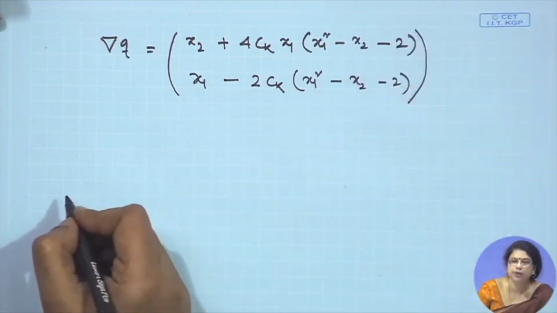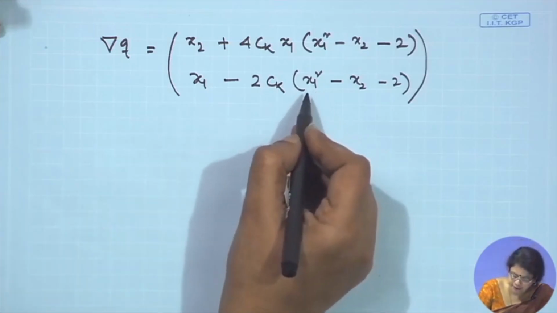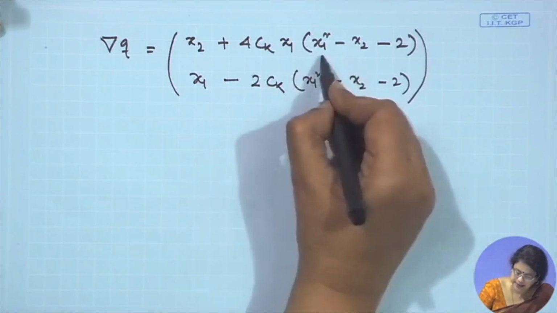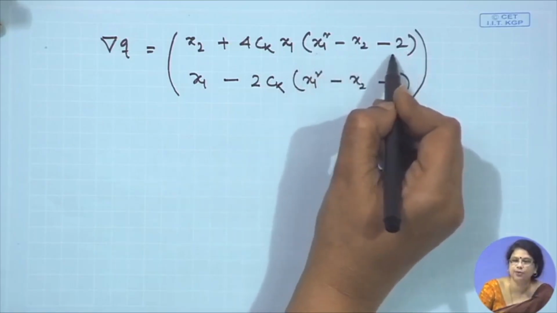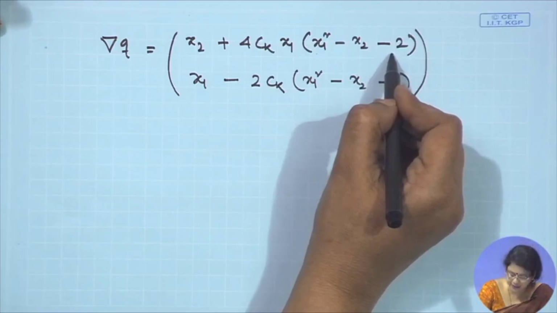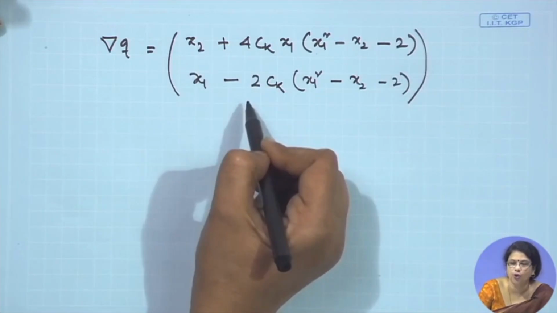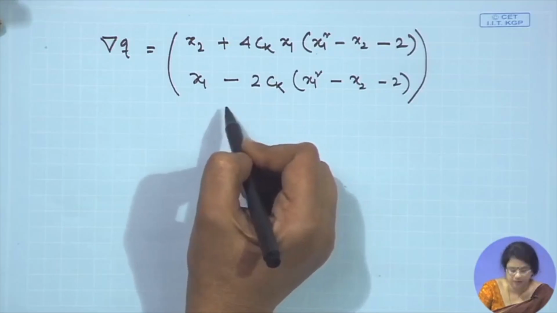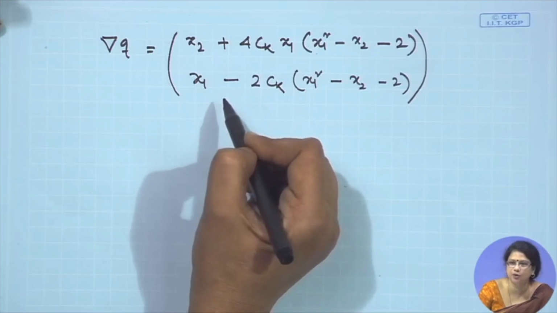Now, for this case, if x1 square minus x2 minus 2 is less than 0, what are we getting? We are getting that there is no solution at all, because from this case we cannot have the solution.